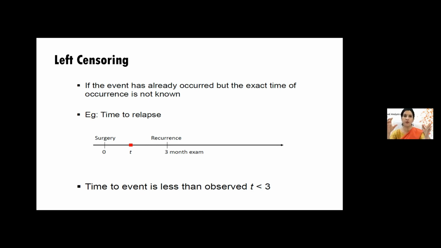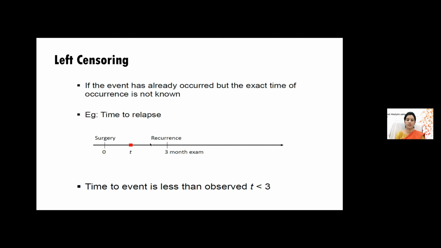If there is some ambiguity regarding the end time, then that is the right censoring. Start time is for the left censoring because this is towards the left side. You have to start it. So if you don't know exactly when that event has happened, whatever you observe, actually after that surgery, that person has reported to you at 3 months, but maybe the event has happened somewhere in between.